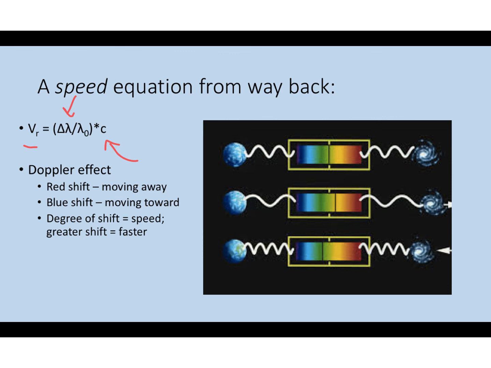Here, we're looking at the Doppler effect again, trying to determine, based on the wavelengths of light observed, whether objects are moving toward or away from us and how quickly. Remember, the red or blue shift tells us which is which. Let's look at one final sample problem.